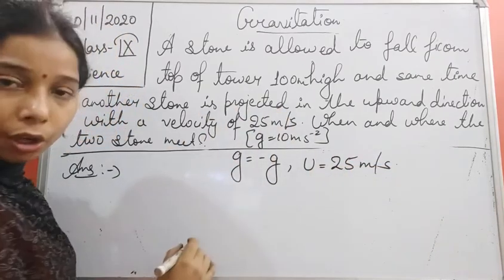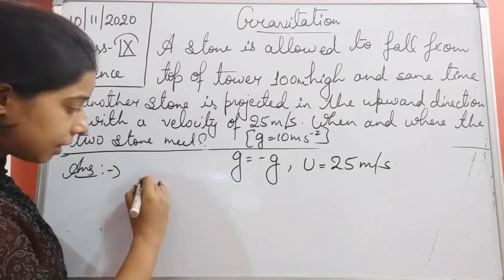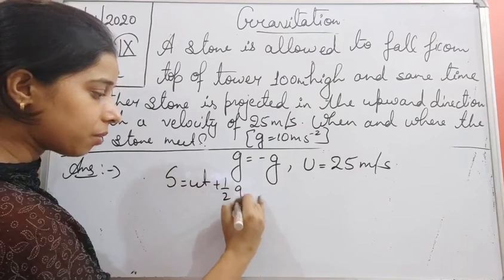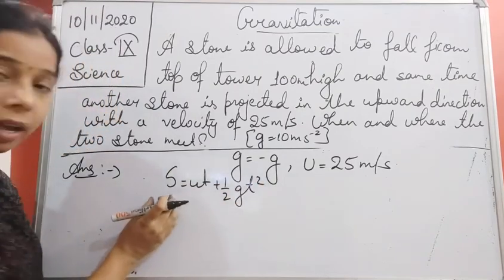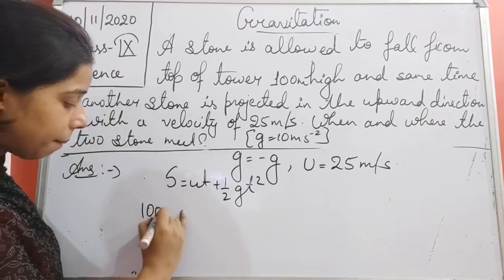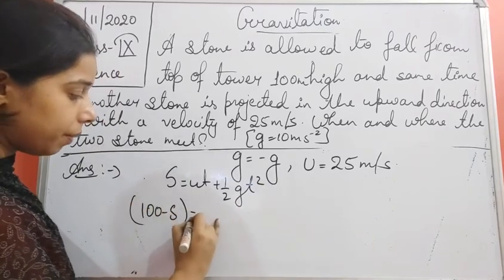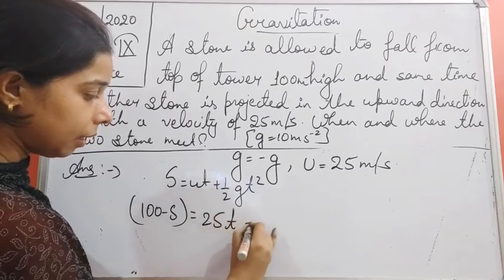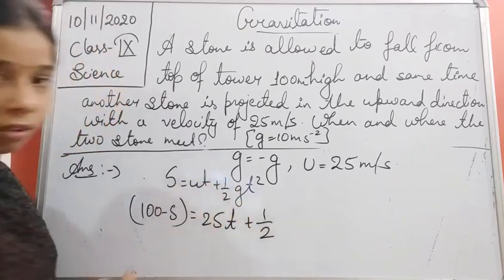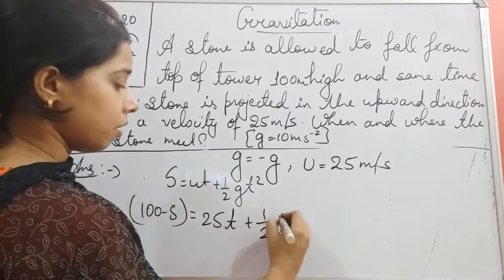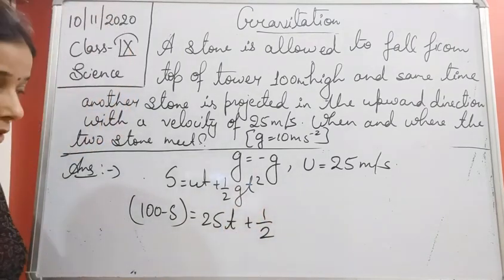T we are not knowing. And so at this time S is equals to ut plus half gt square, we are knowing about it. And in place of S, that is the distance, we will write here 100 minus S. That will be equals to u is 25t plus half gt square there, students. So we will write here half. It will be minus g.